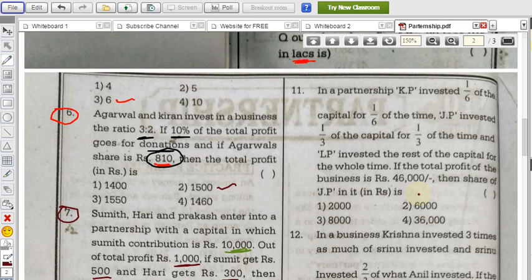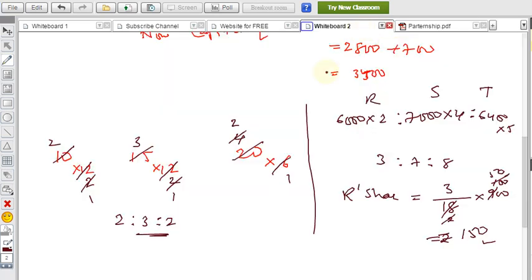First let the total capital be some X. Then we'll get the problem easily. So KP, JP and LP: 1/6 of the capital, 1/6 of the time. Let's take the board.